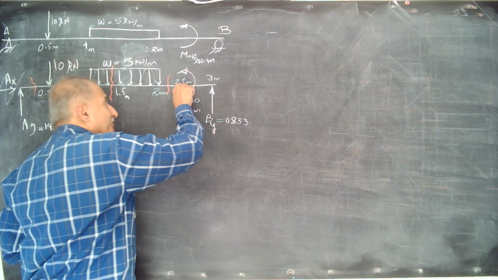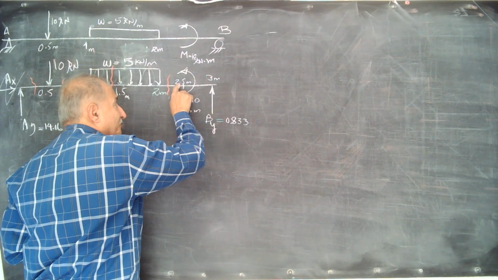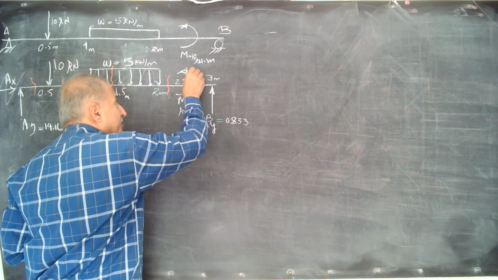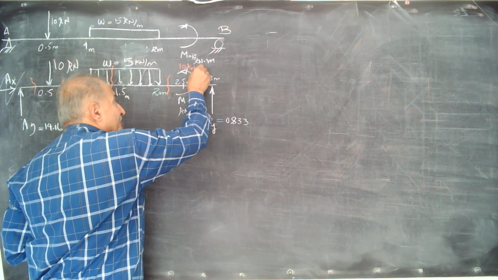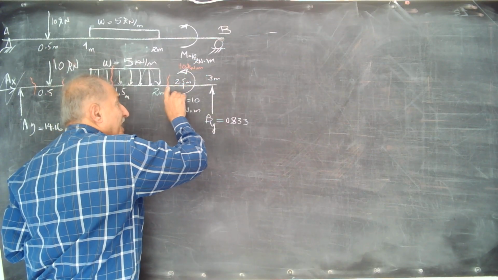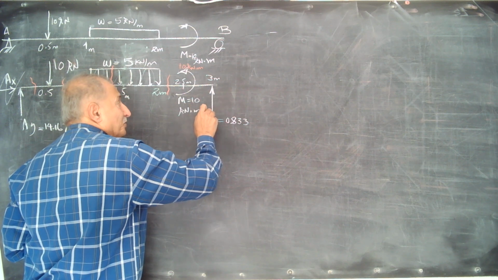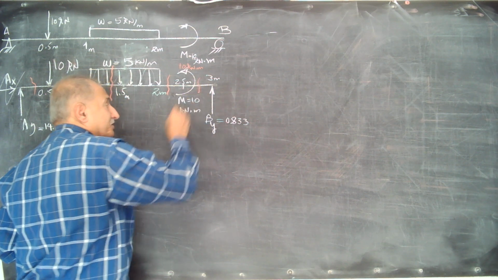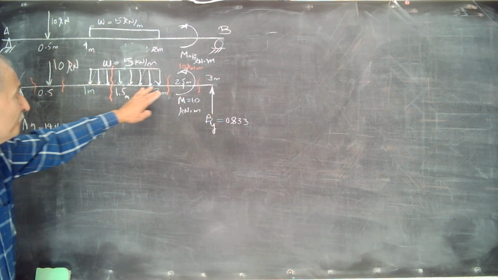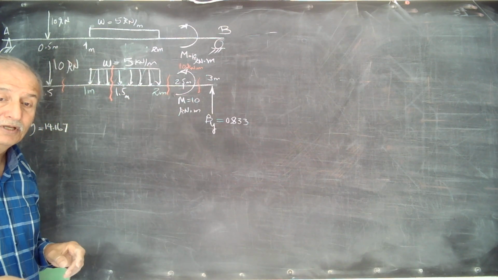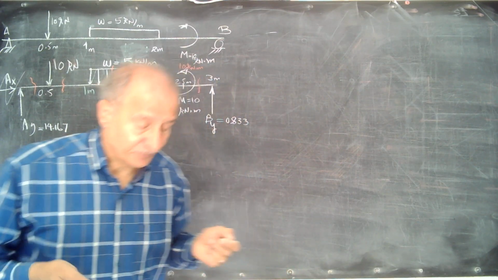And when we reach here, the loading condition changes because of the moment, 10 kilonewton meter at 2.5 meter. Then after that, nothing happens till the support B. Then we need one cut here. How many cuts do we have? 1, 2, 3, 4, 5 cuts to draw the shear force or bending moment diagram.